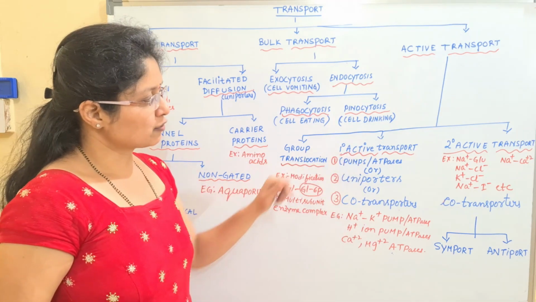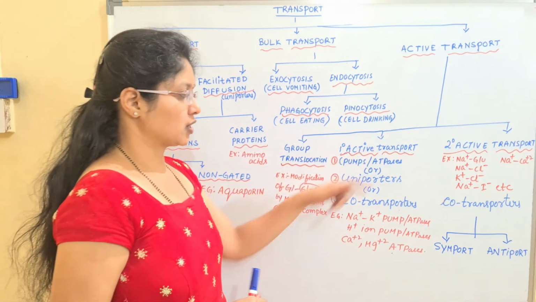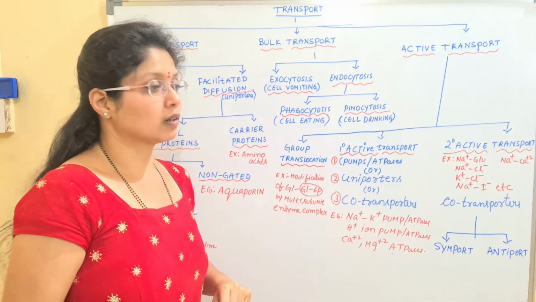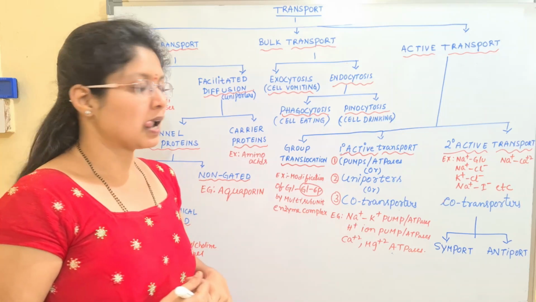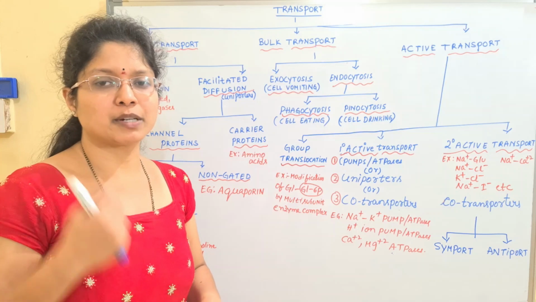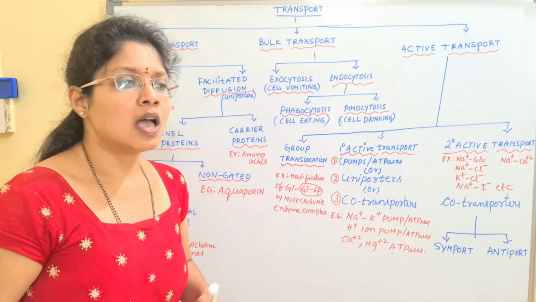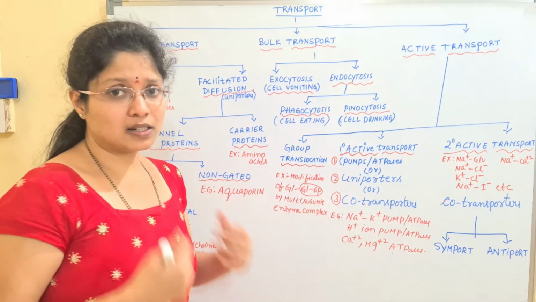So in the primary active transport system, the first classification under active transport, ATP is really required for the operation of these carrier protein molecules. And as these carrier proteins are operated in the presence of ATP, they are pumping the molecules against the gradient, with the additional energy from the cellular energy being utilized.